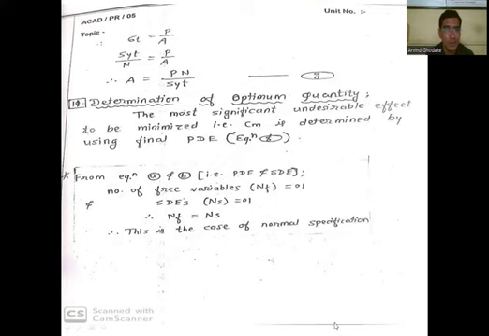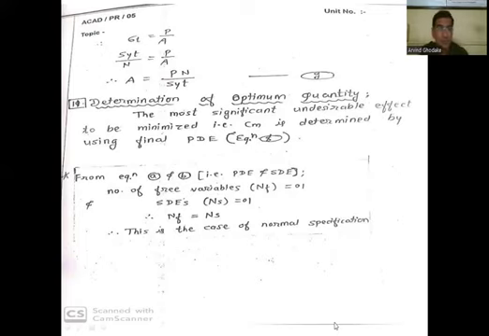Then finally, determination of the optimum quantity. The most significant undesirable effect, to minimize the cost Cm, is determined by using the final primary design equation. So from equations A and B, that is the primary design equation and subsidiary design equation, the number of free variables NF is equal to 1, that is the factor of safety. Then for the subsidiary design equation, NS is equal to 1.